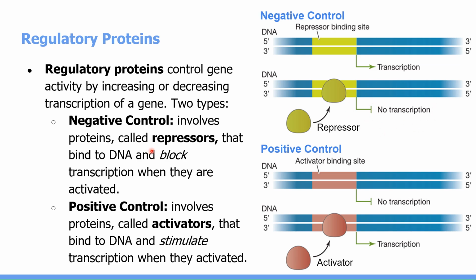These repressors bind to DNA and block transcription when they are activated. Then we have the positive control, and the positive controls are activators. These bind to DNA and stimulate transcription when they are activated. It looks like they are the same thing, but they produce two different results.